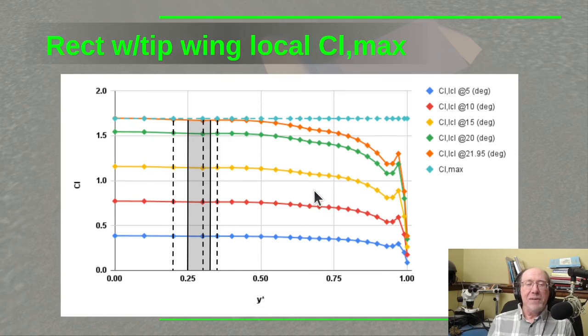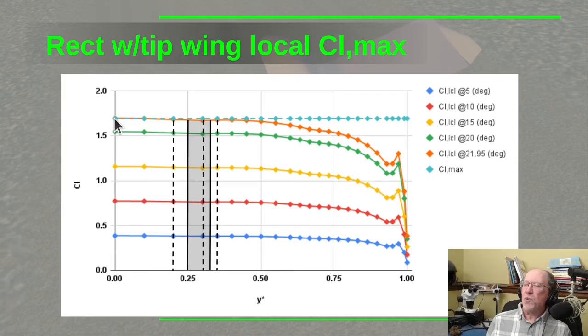So here's an example of going through that. This is the rectangular wing with the wing tip. And these lines are different angles of attack. Now this line right up here is the maximum coefficient of lift for the airfoil itself. So at some point we reach an angle of attack where the local coefficient of lift for the wing at some point meets that airfoil's maximum coefficient of lift.